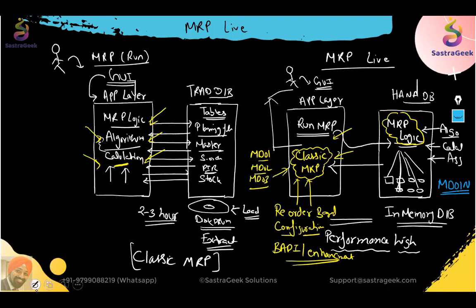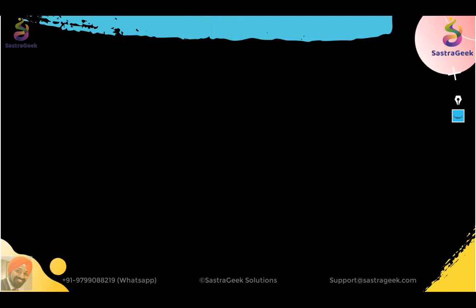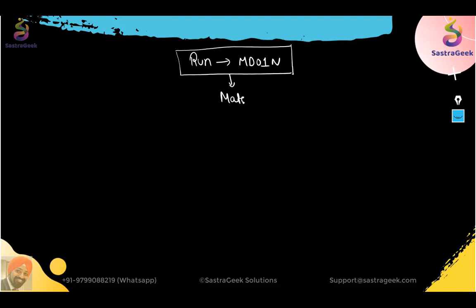So what would actually be happening? Let's say you are running the MD01N transaction. First thing, it will identify whether the material which you want to run needs to be planned through PPDS.